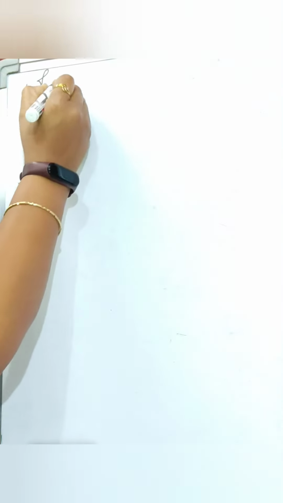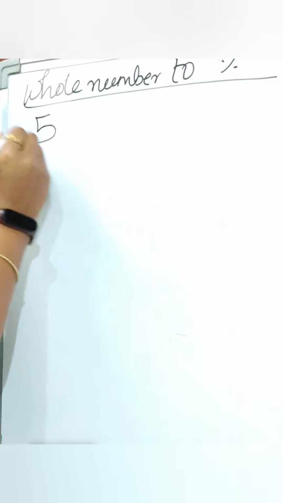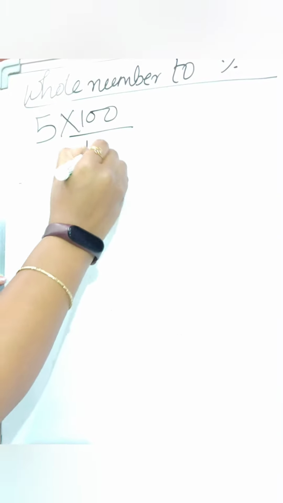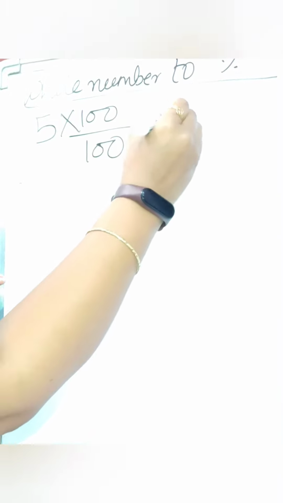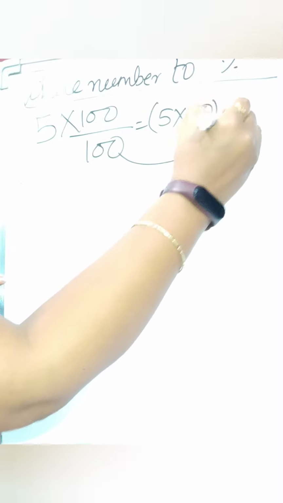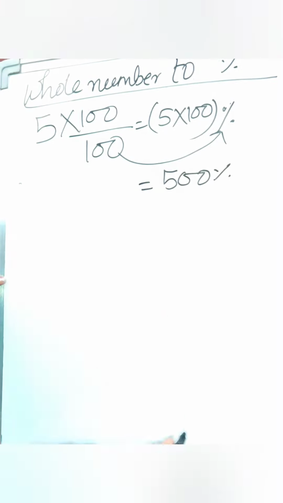Next, any whole number to a percentage. Let's take an example. To convert any whole number to a percentage, let's apply the same formula: multiply 100 in the numerator and 100 in the denominator, because 100 by 100 is equal to 1. Now we can write 5 into 100 and divided by 100 as the percentage sign. So what will we get? We will get 500%.